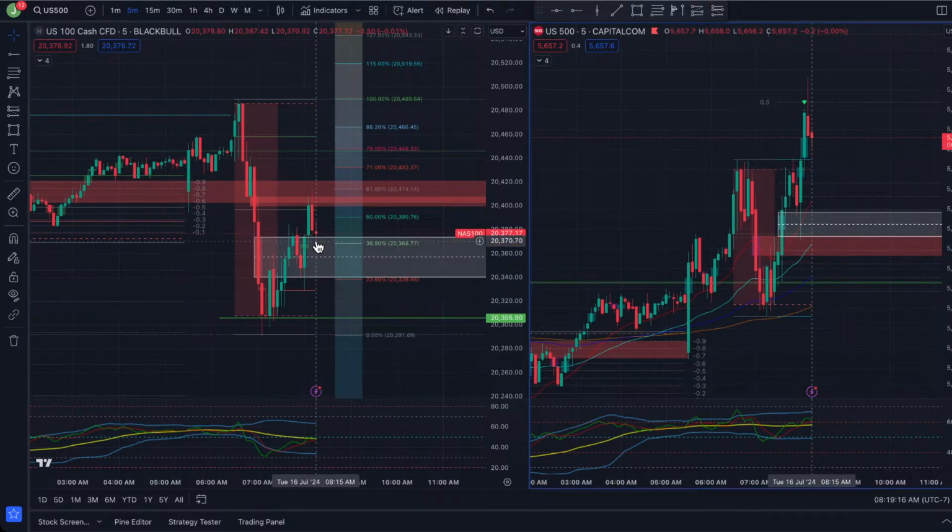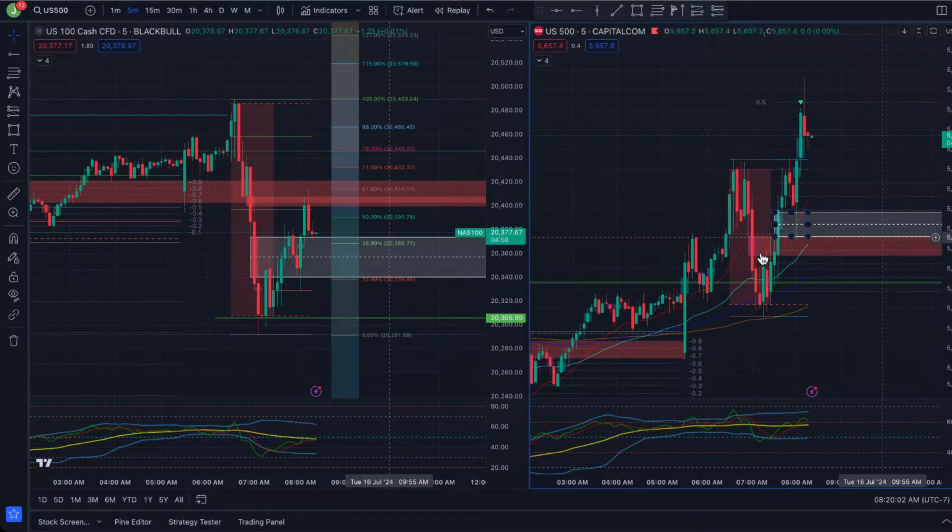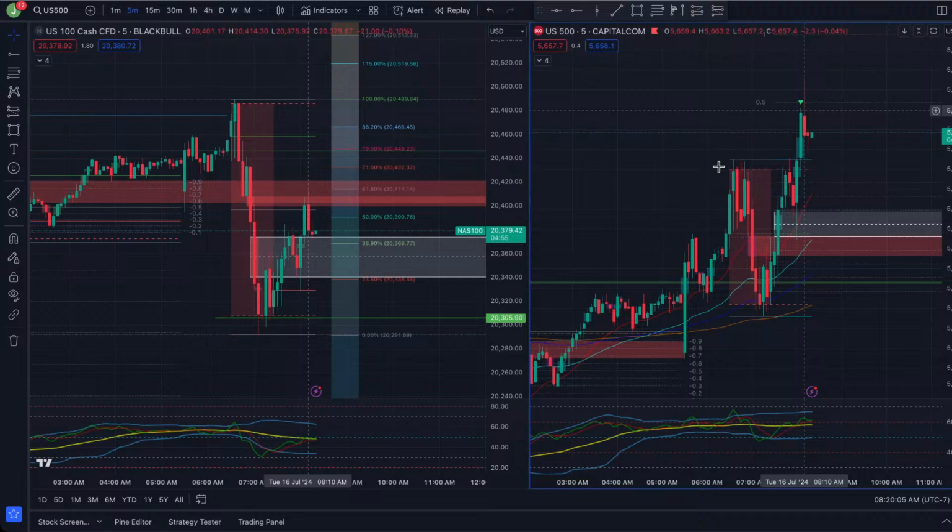Will US 500 push, or pull rather I should say, NAS up, or is NAS going to push US 500 down? Again, two very opposite patterns.